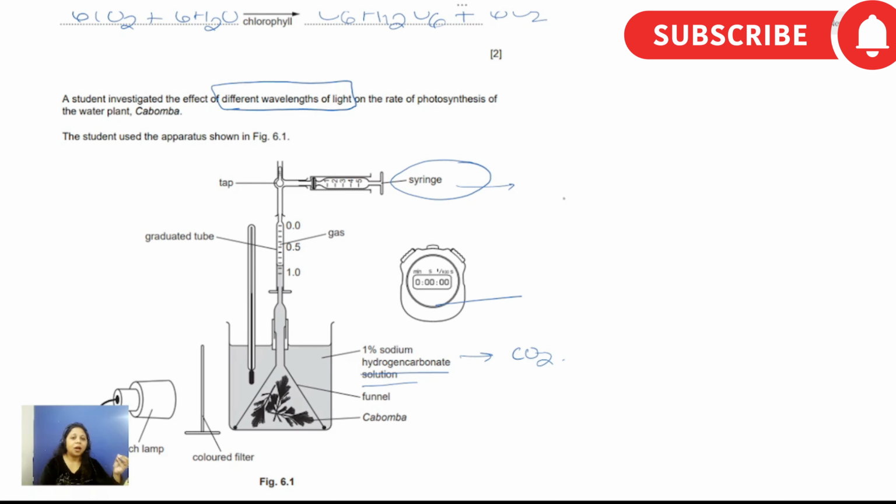For how much oxygen is produced during a certain process. Okay. Then why are we using the thermometer? Temperature, correct.